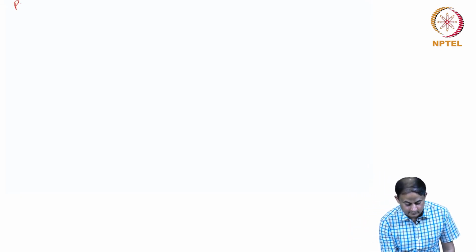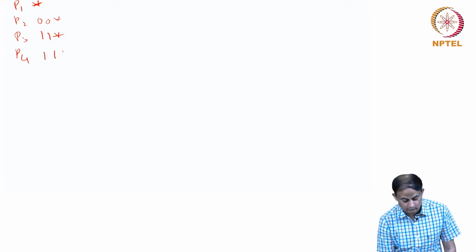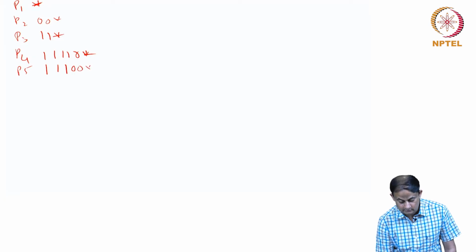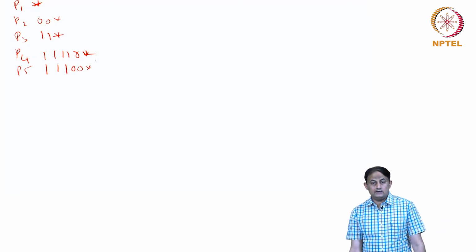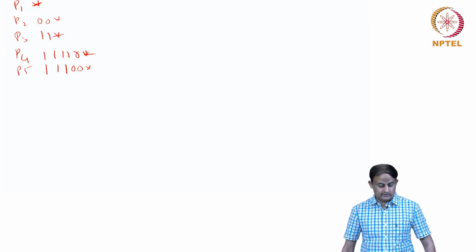P1 is the prefix which is a star, P2 is the prefix 0 0 star, P3 is a prefix representing 1 1 star, P4 is a prefix representing 1 1 1 1 0 star, and P5 is the prefix representing 1 1 0 0 star. I have 5 prefixes, and let me try to construct the path compressed trie for this set of prefixes.